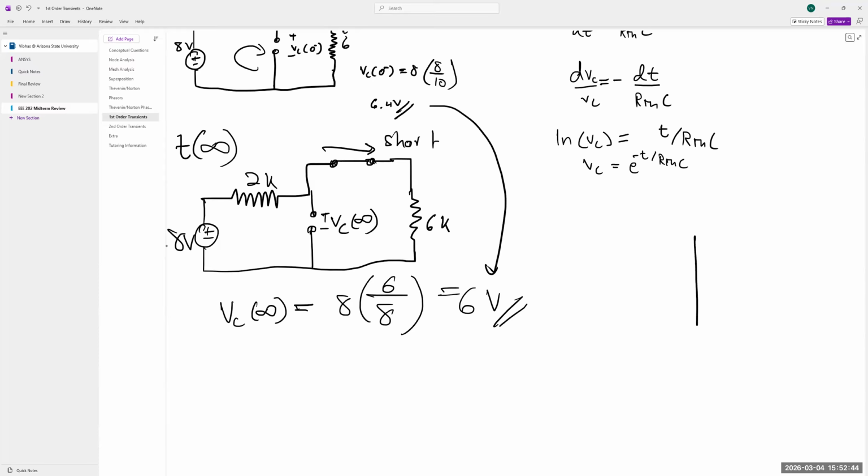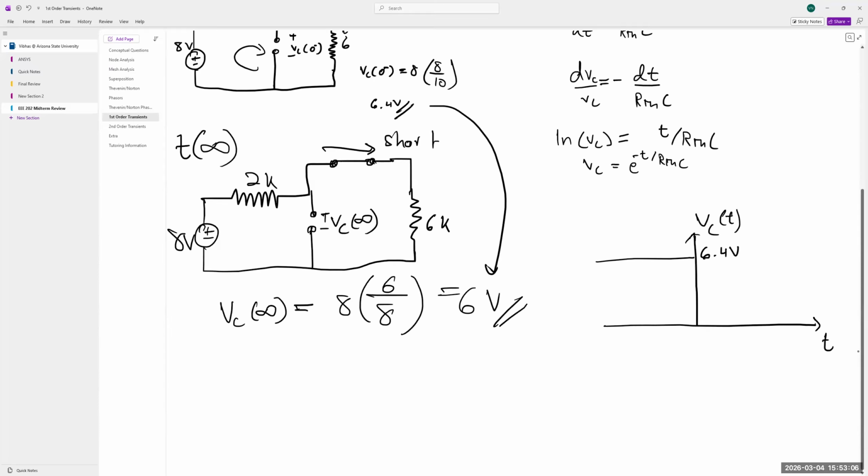So if I draw the diagram, we have T, we have VC of T before the switch closed. For a long time, it was at 6.4 volts.